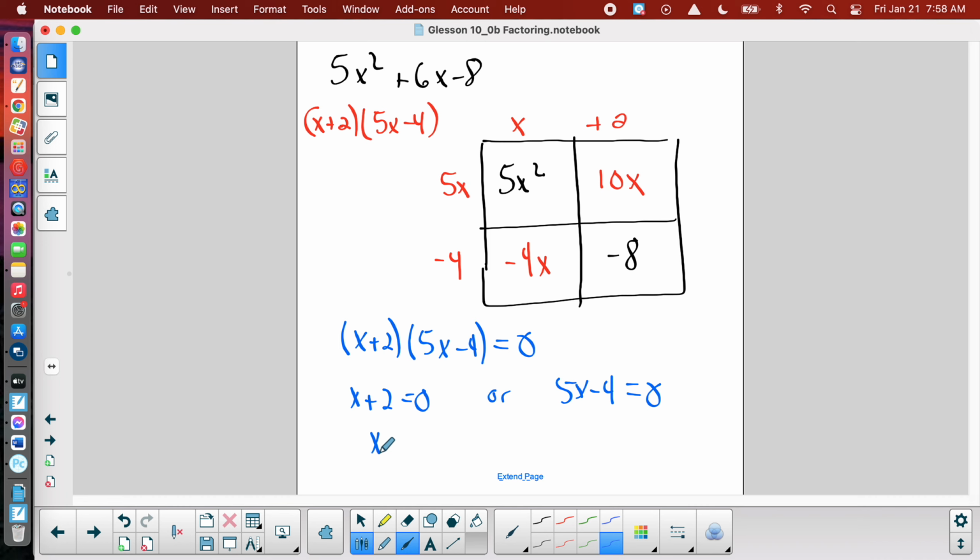This one's easy, x equals negative 2. This one you have to add 4 to both sides. So 5x equals 4 and divide by 5. X equals 4 fifths. So x equals negative 2 or x equals positive 4 fifths are my two solutions.